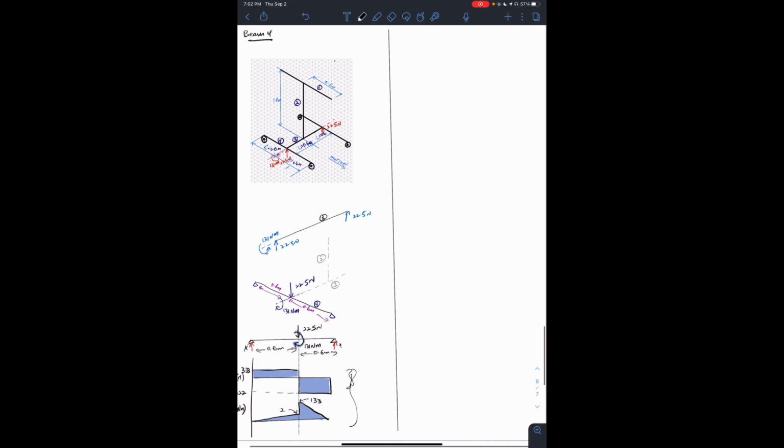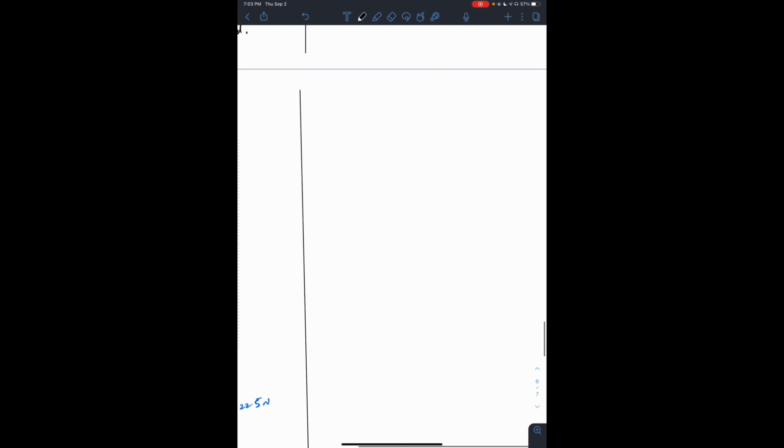Okay, so now that we have the shear force and bending moment diagram, we could go ahead and, just like before, work out our three planar stresses. Planar stresses meaning the x, y directions. So sigma x is sigma bending, which is M max y on I. Sigma y is equal to 0.